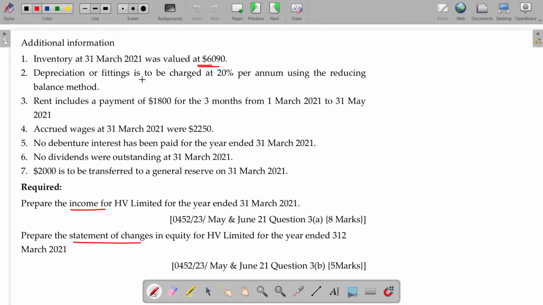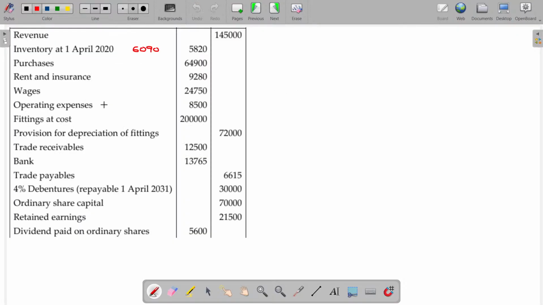Depreciation on fittings is to be charged at the rate of 20% per annum using the reducing balance method. So fittings is here. After subtracting, you have to calculate the depreciation at the rate of 20% on this.